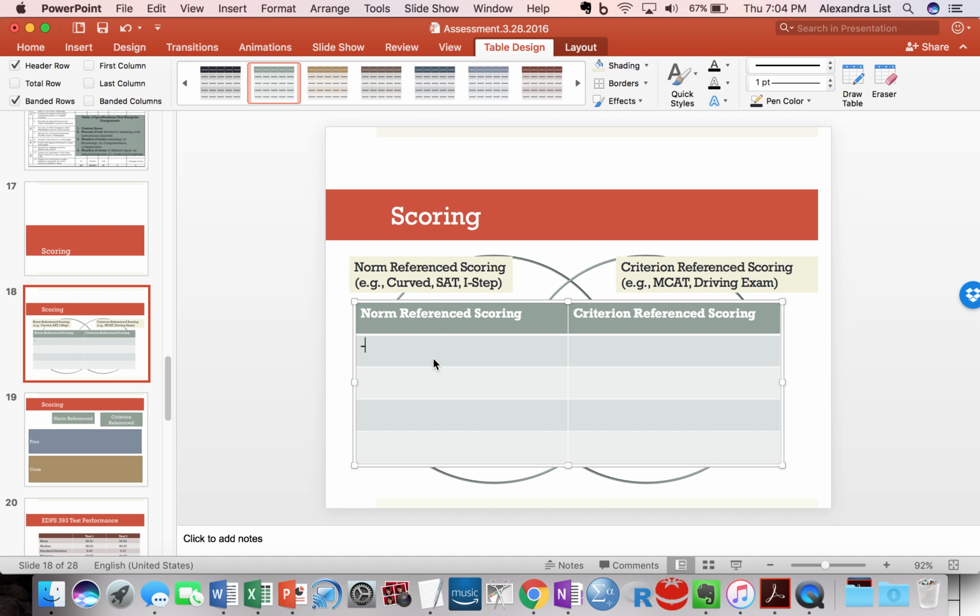In the case of norm referenced scoring, students' performance is compared to a normed reference sample, the distribution of scores from other students taking the test. Whereas with criterion referenced scoring, students' performance is compared to some set of criteria.